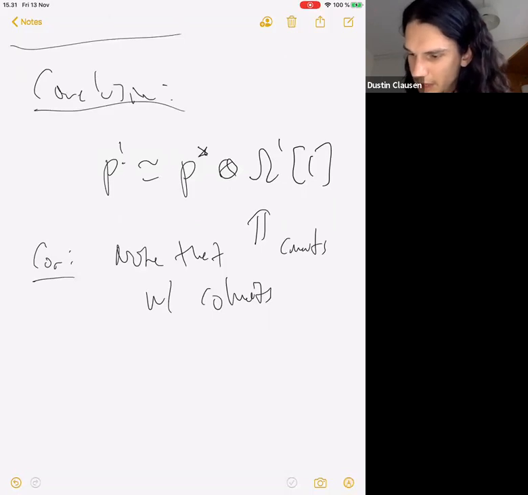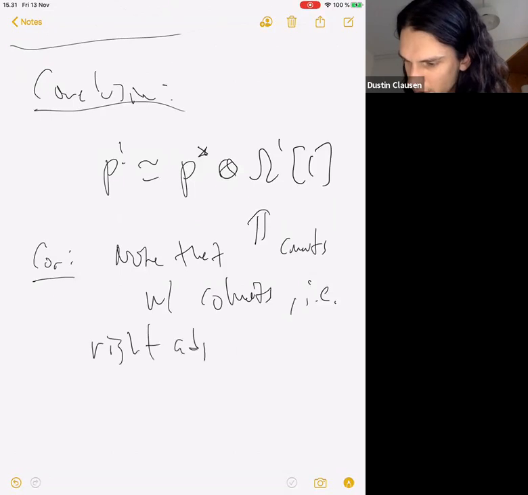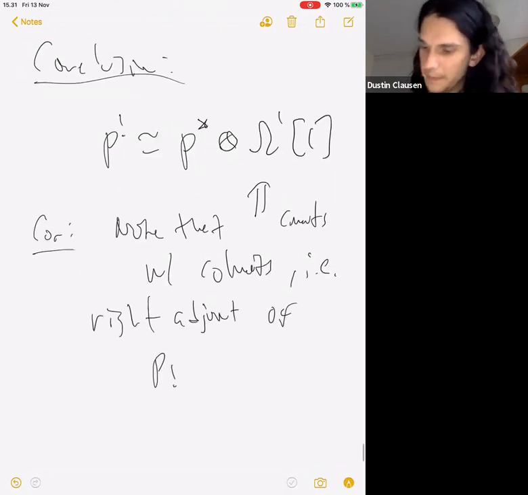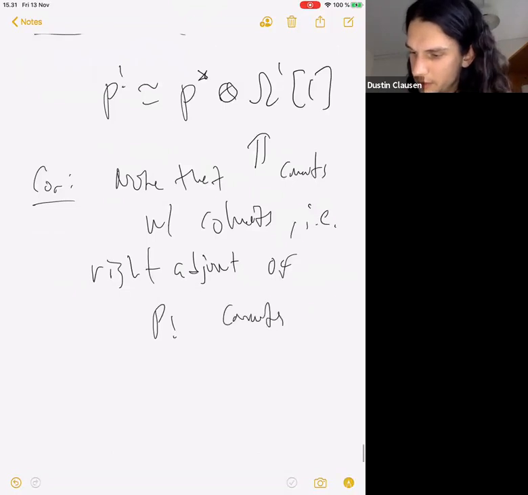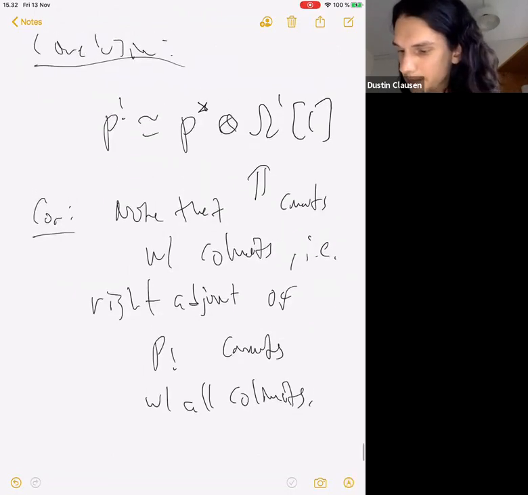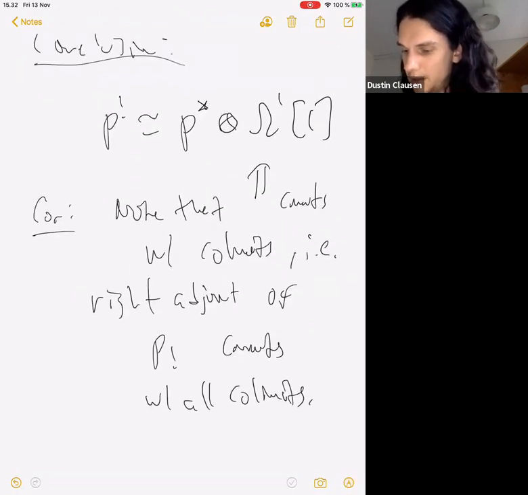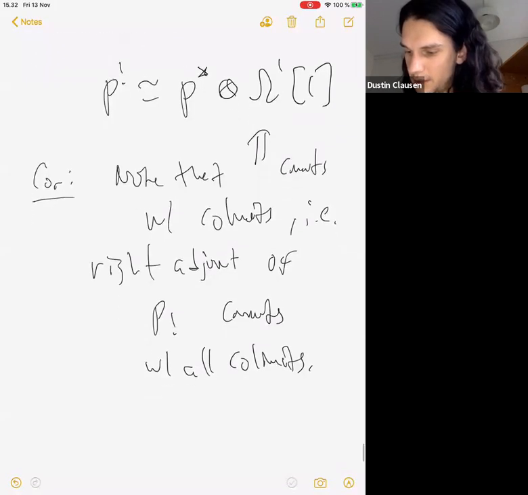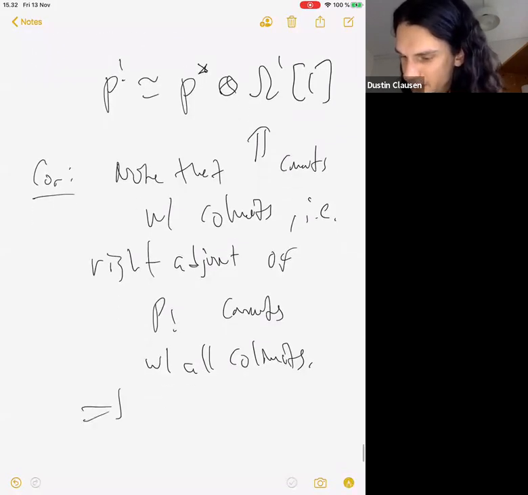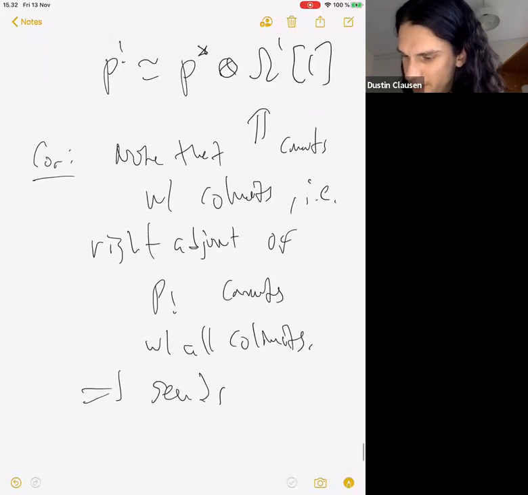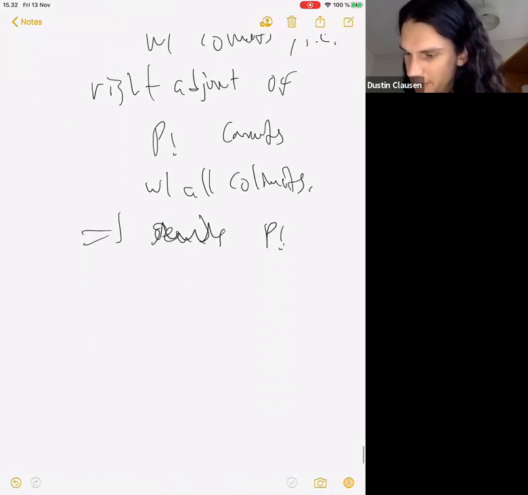I.e., the right adjoint of P lower shriek commutes with all colimits. It follows that P lower shriek sends compact objects to compact objects.